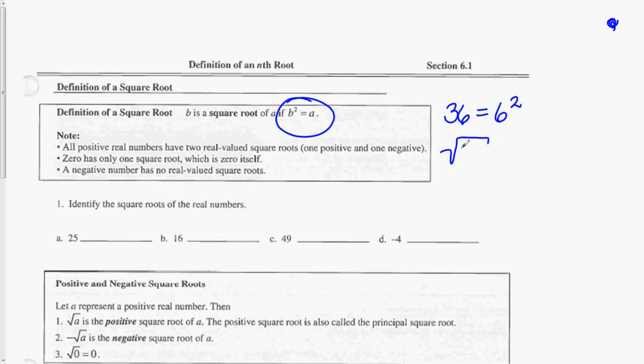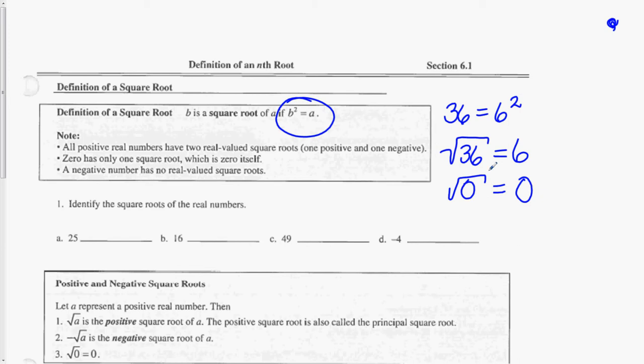So the square root of 36 would be equal to 6 because 6 squared equals 36. So what we're doing when we're finding a square root is we're finding a number times itself that would equal the number underneath this little square root symbol. If you have 0, the square root of 0 is always 0.